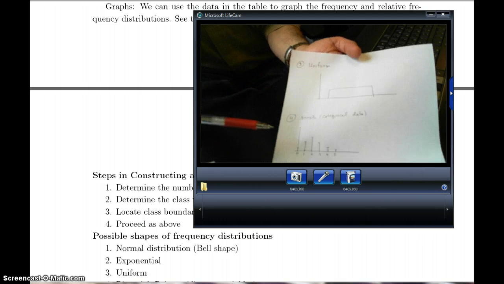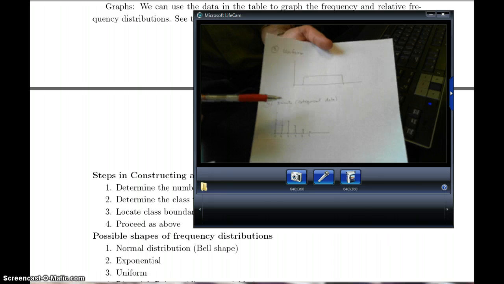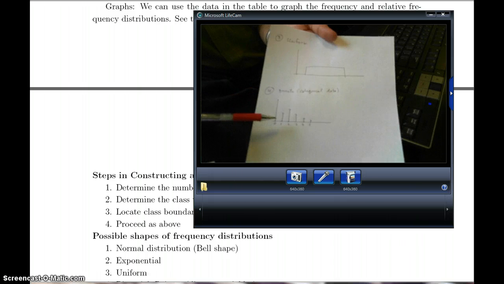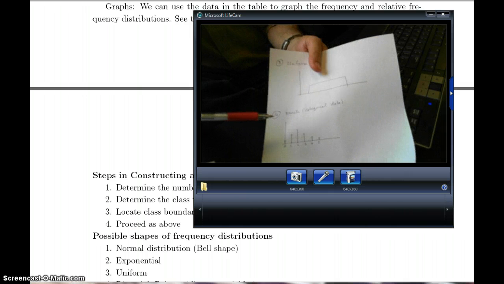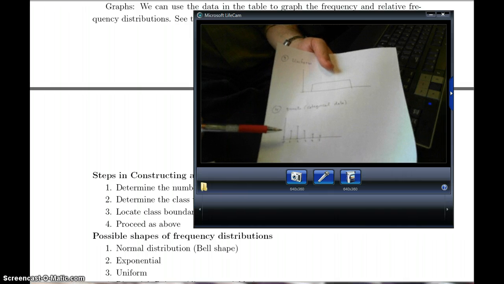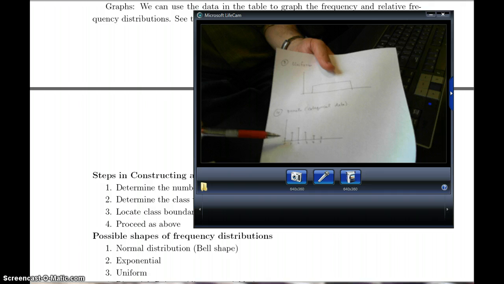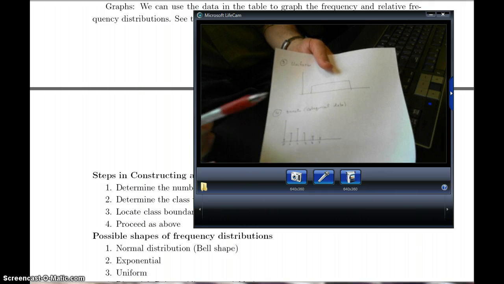And also other possible shapes, if you have categorical or discrete data, like say you're counting how many patients go to the emergency room per day, and you find out some days it's 0, some days it's 1, 2, 3, 4, or you never notice more than 5, and you see a small percentage with 0, then it goes up higher, 4 and 5.